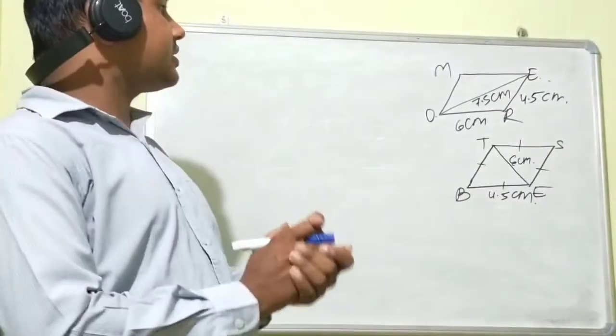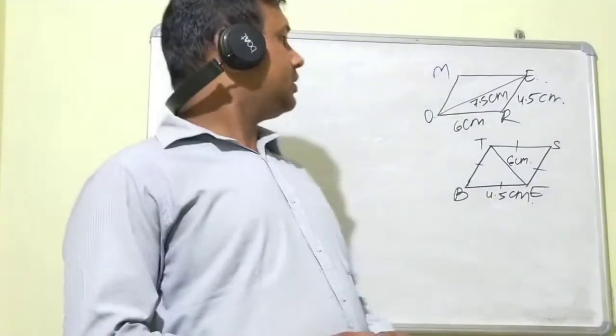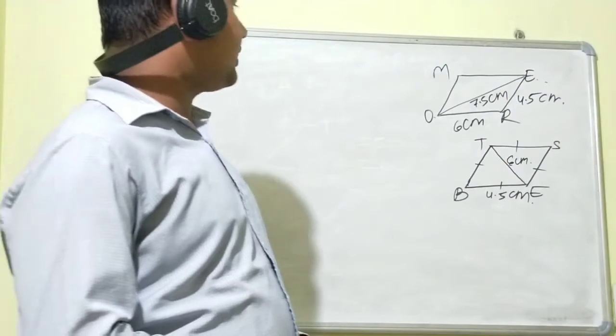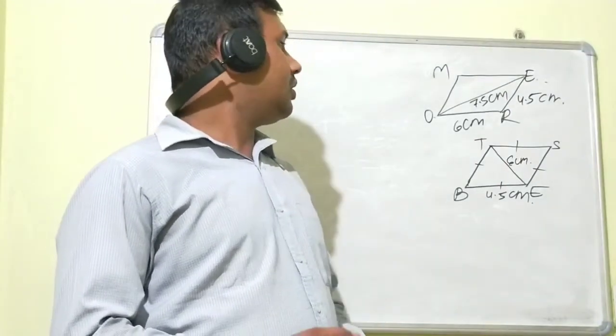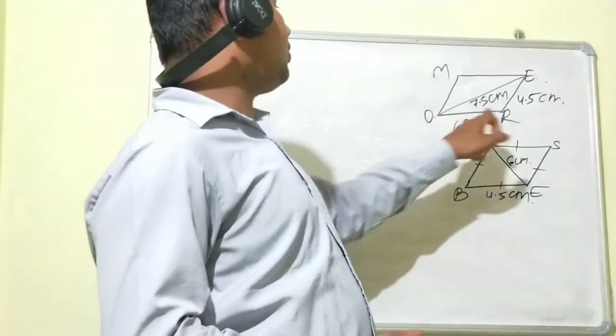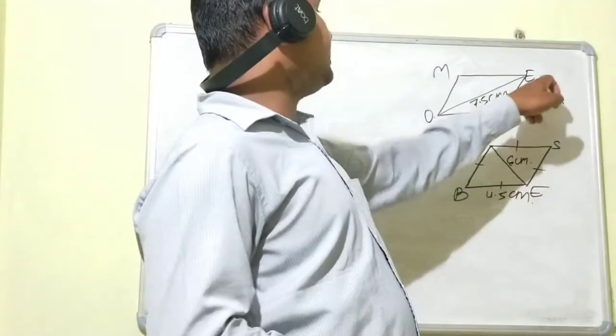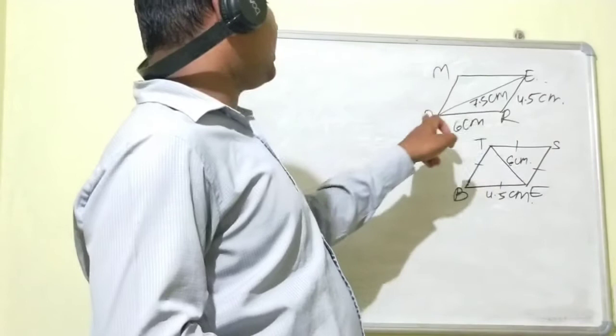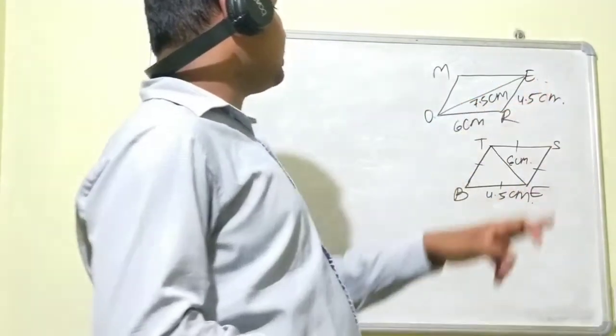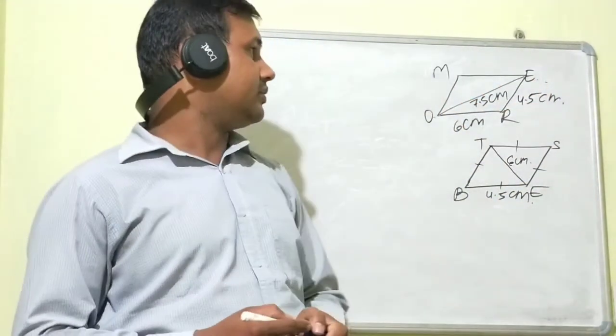As earlier we discussed, one special feature. Here one diagonal is given, that is OE 7.5 centimeter.